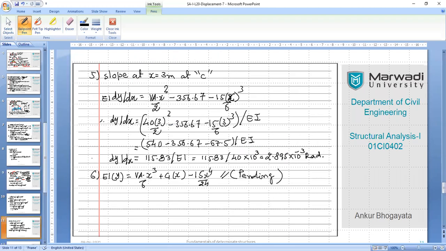Once we do this comfortably with some more varieties, then only we'll switch over to the next method. So I give you this as a take home assignment or homework. Please work out this value yc, and I will ask you for this value in the next class. That's why I'm writing it pending over here. And from this point, we'll go ahead for the next session.